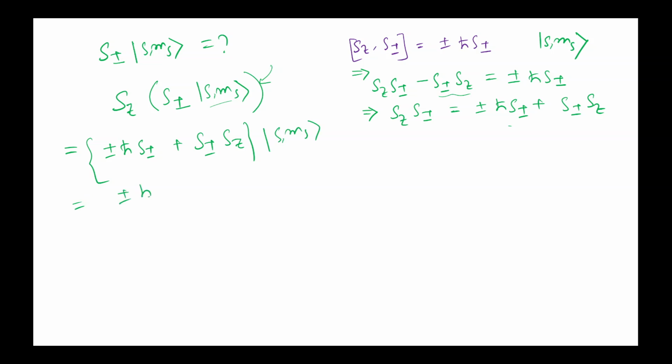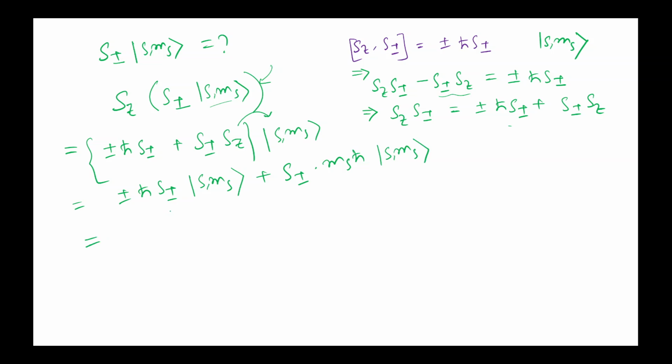So you can write this as S plus minus |s, ms>, and now you can see this Sz can operate here, and you all know what the result will be. It will be ms ħ times the same function |s, ms>, right?